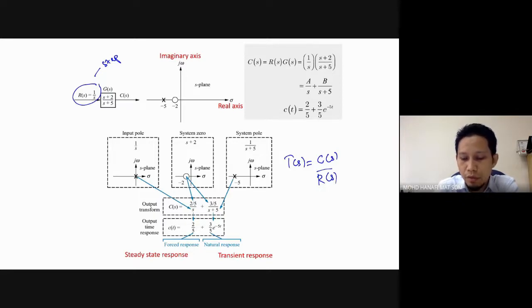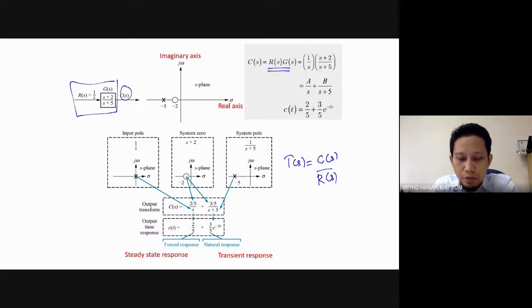To find the output C(s), it is the multiplication of the input R(s) and the system G(s). So C(s) equals R(s) G(s).